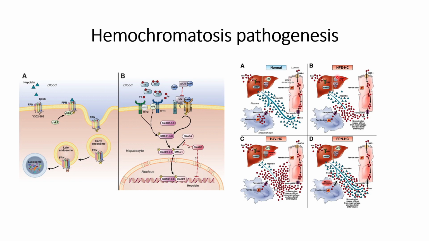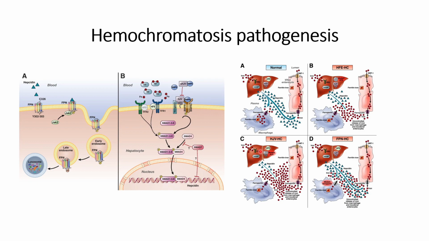Panel B, of the right figure, shows the mutant HFE condition. In this, hepcidin formation is reduced, and because of that, more iron is released from macrophages and enterocytes, and this will lead to uncontrolled release of iron because of less hepcidin formation, and with time iron will accumulate in the extracellular matrix and get overloaded.